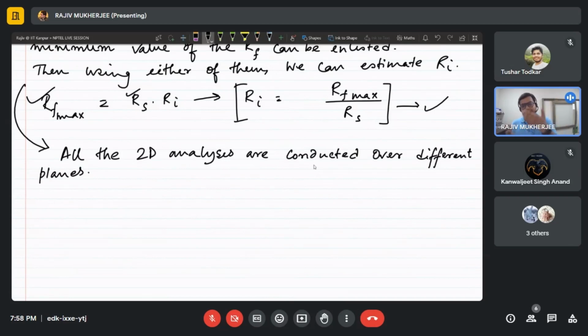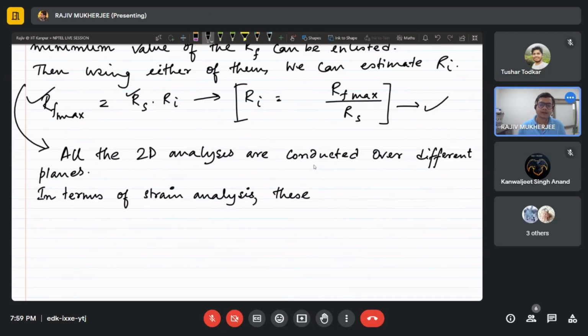So in terms of strain analysis, these planes are demarcated in different ways.